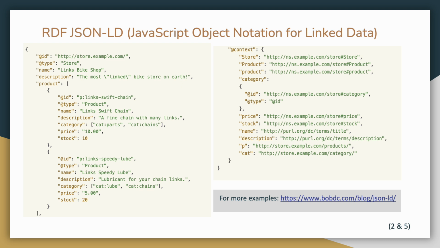And so you are defining strings for those. And then in the context section is where you're actually putting in the URIs, the URLs where you're finding the source of each of those metadata. So for example, the URL where you would find the store, or the URL where you would find the description of the item.